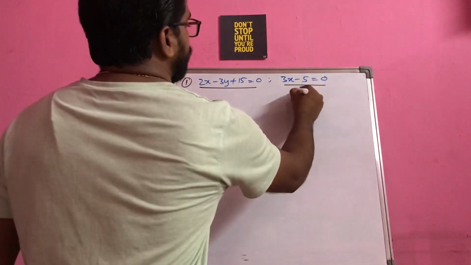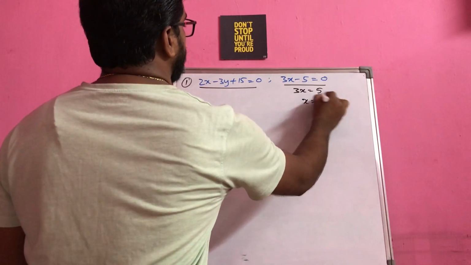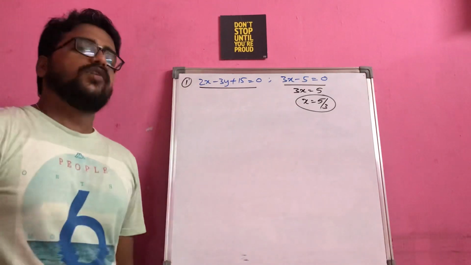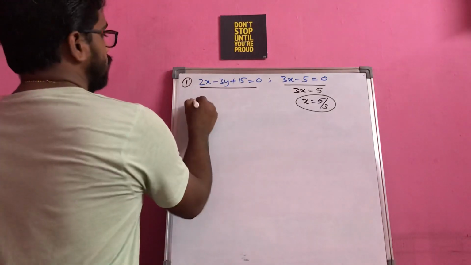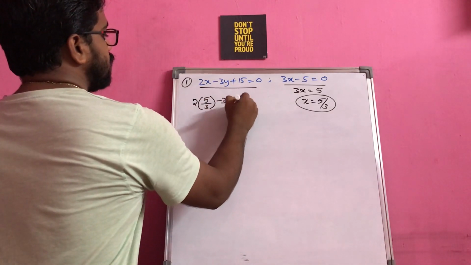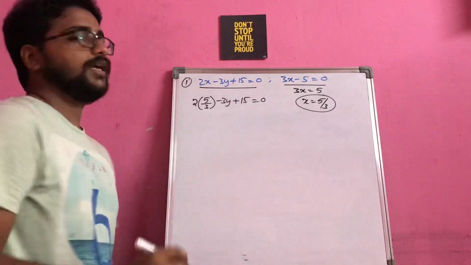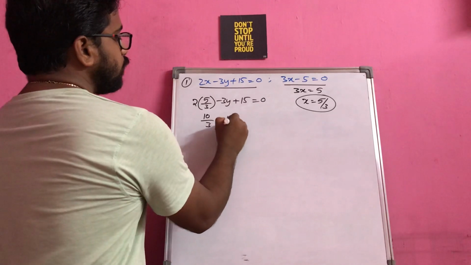So from this, 3x is equal to 5, so x is equal to 5 by 3. Since we are doing the substitution method, substitute x equal to 5 by 3 in the first equation. That gives 2 into 5 by 3 minus 3y plus 15 equal to 0. So this is 10 by 3 plus 15.